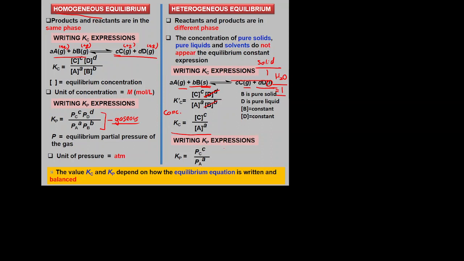Because kalau pressure, we do not have untuk liquid or aqueous form, and we also do not have pressure for solid kan. Okay, untuk concentration we only have untuk aqueous and dia punya gas. Only these two yang ada dia punya concentration. Other than that, dia orang tak ada.